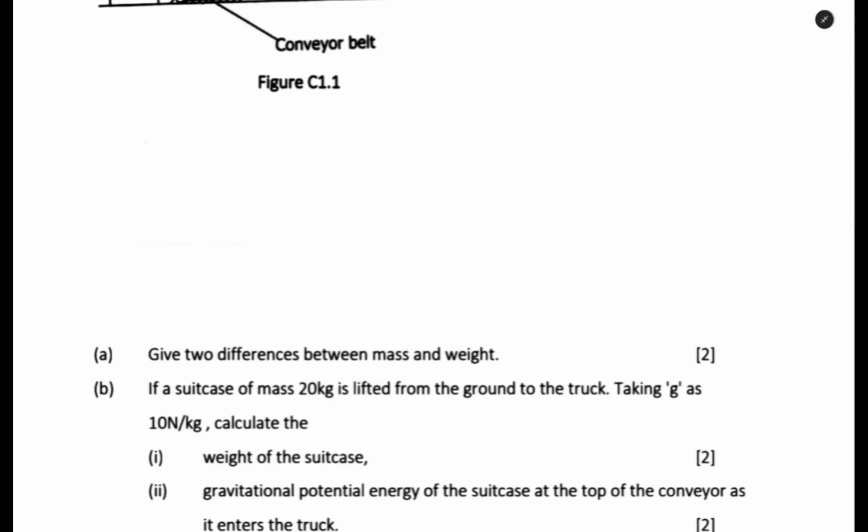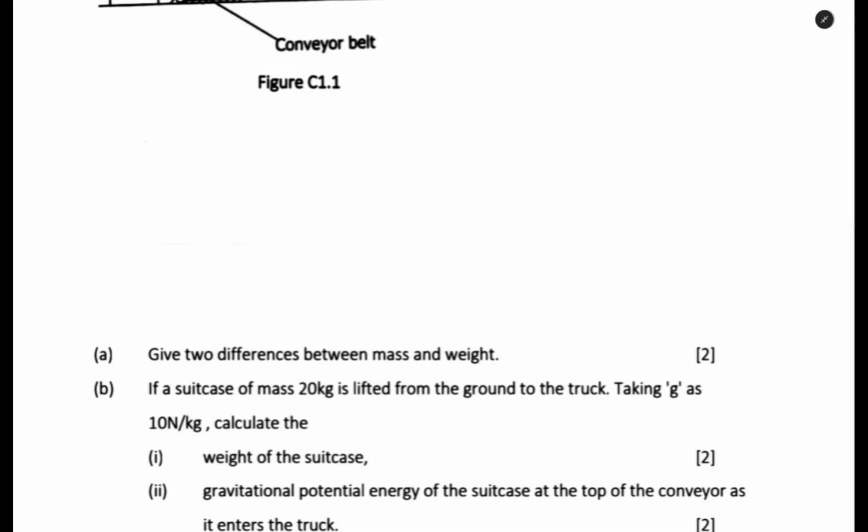So one of the differences is that mass is constant everywhere, whereas weight varies from place to place, and normally we compare the moon and the earth. The other difference is in terms of their units of measurement: the SI unit of mass is kilogram, whereas that of weight is Newton.